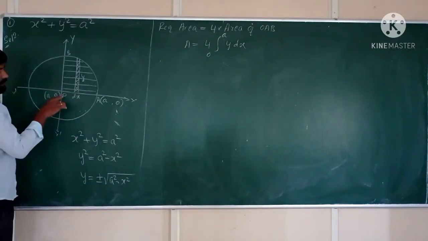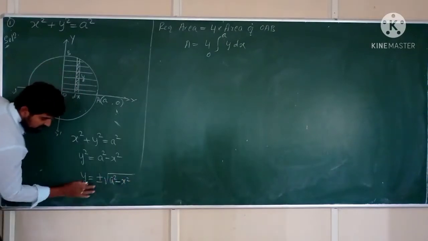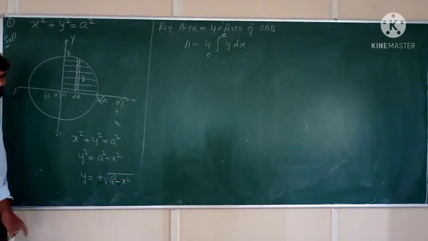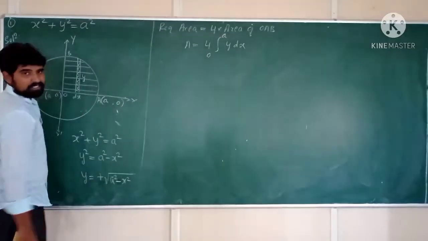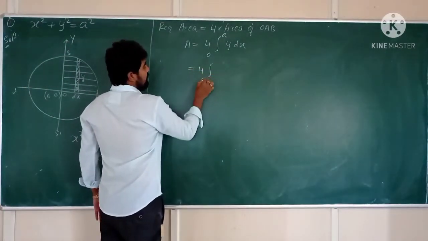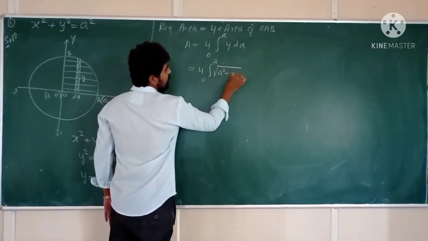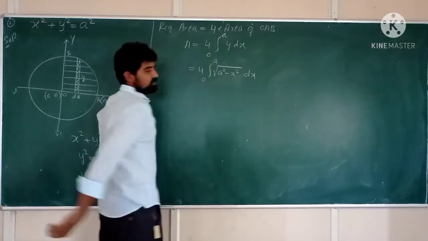But the area OAB is present in first quadrant, so we just consider the positive value of y. That is y is equals to square root of a square minus x square. 4 into integration from 0 to a square root of a square minus x square dx.